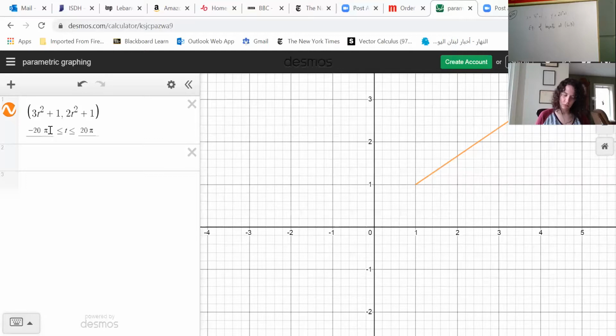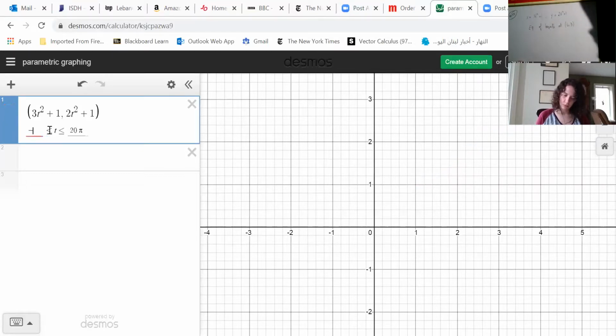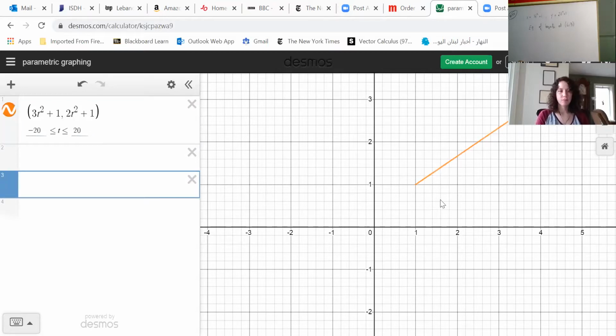We have to change the range a little bit. Let's take a range of, I don't know, minus 20 and 20, and see what we got.